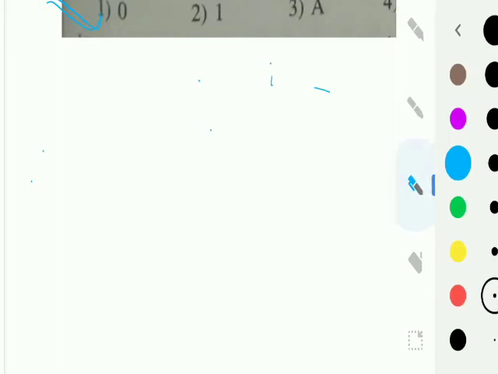The basic relations for AND gate. First one, A and 0 is equal to 0.